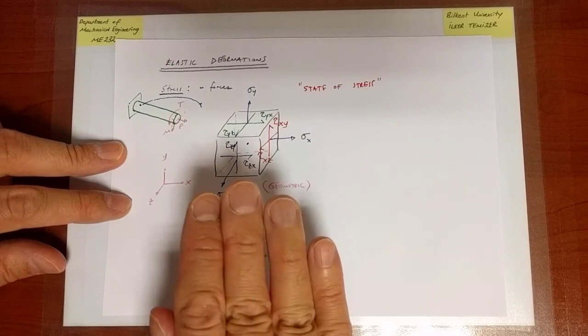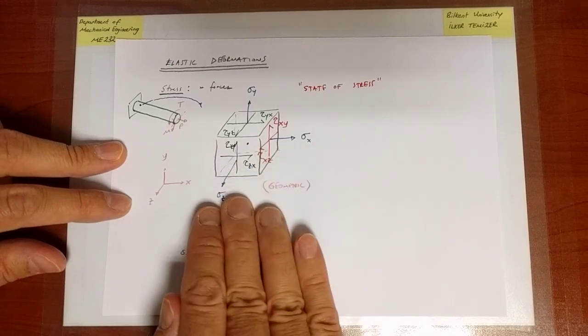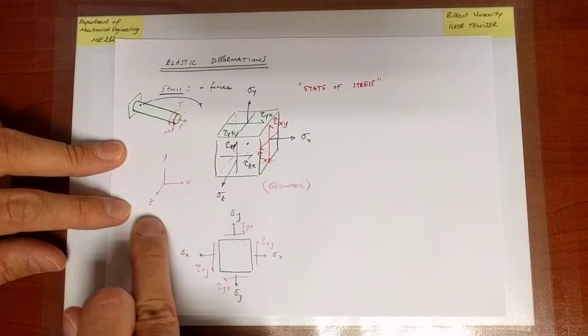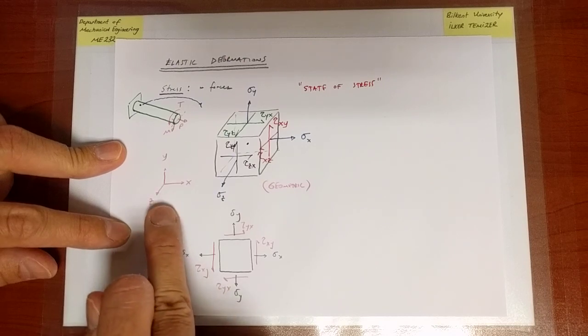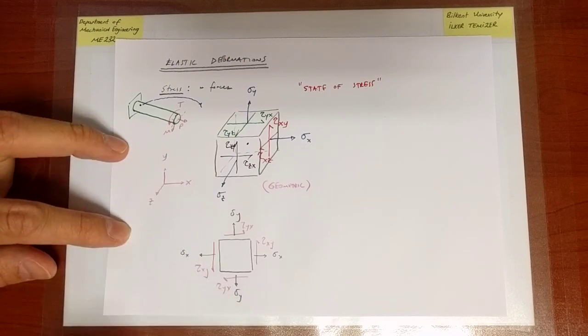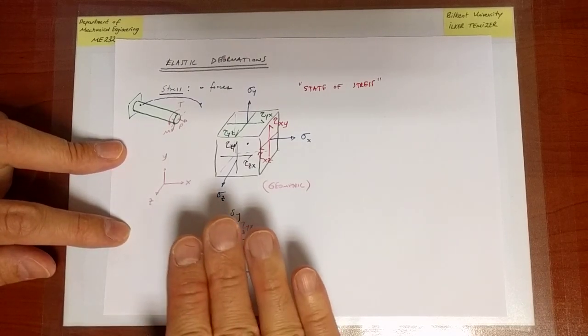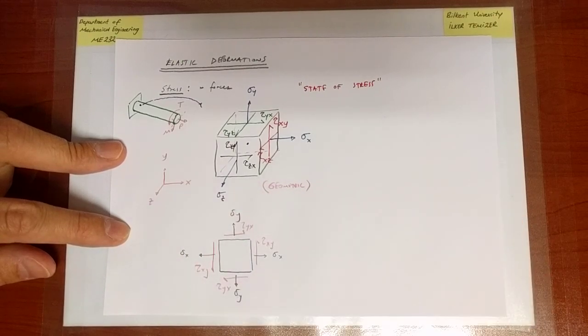This is the pictorial depiction of the state of stress with respect to a given picture. The picture is eventually decided by our coordinate system. So now, is there an alternative way of depicting the state of stress?